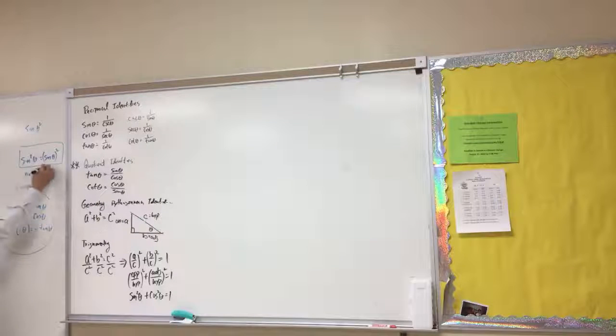Okay, so notation-wise, please note this: sine squared theta is equal to sine theta in parentheses, squared. That's something that you need to know notation-wise. But this is not equivalent to sine theta squared.